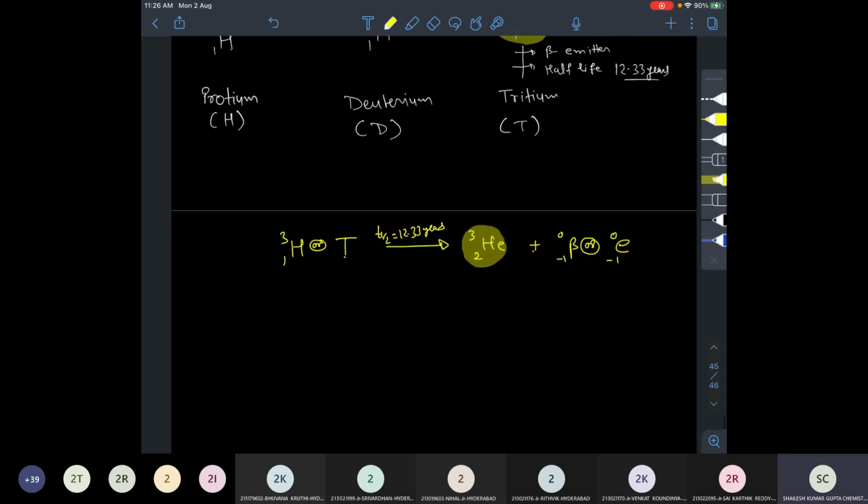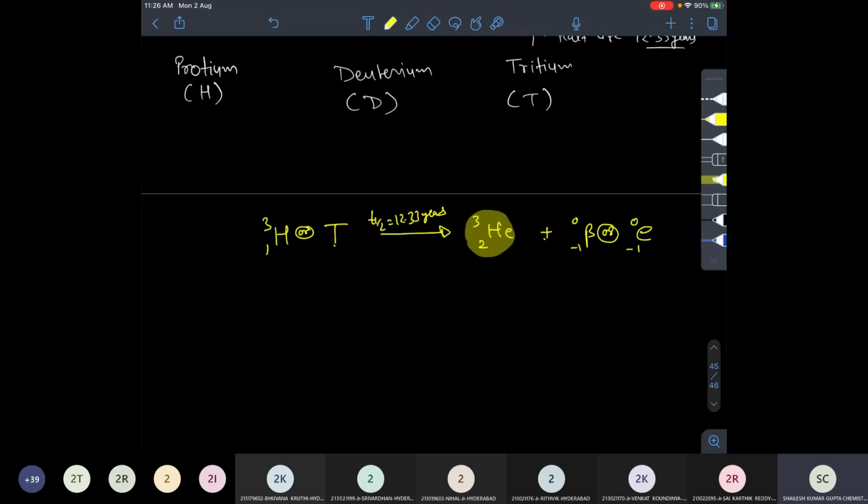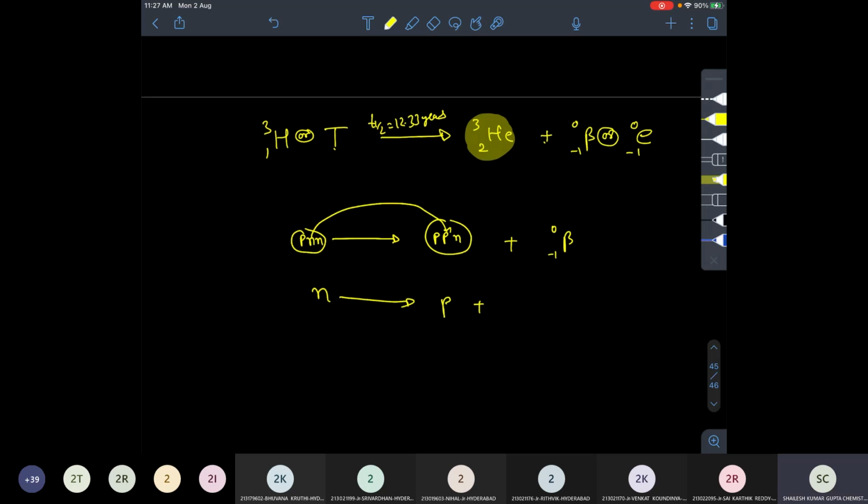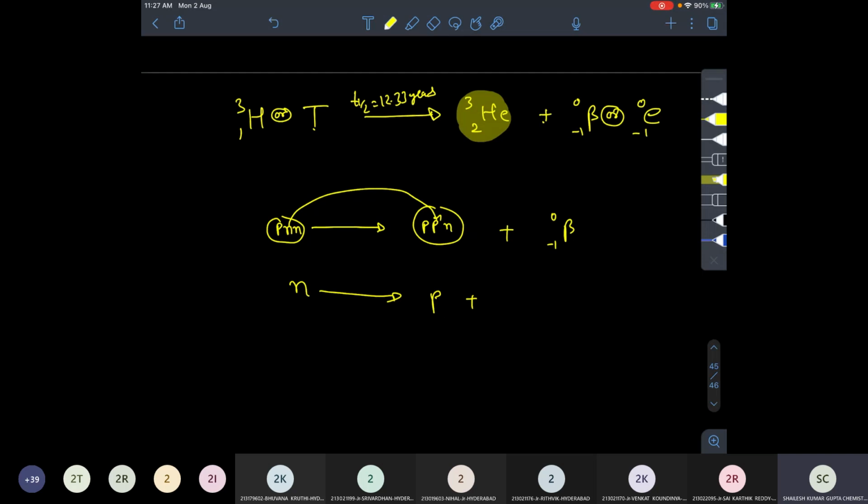So essentially, what is happening here? The nucleus, which comprises one proton and two neutrons, is actually converting into two protons and one neutron, and as a consequence, the neutron converts into a proton, and the beta is emitted to balance the charge. There are many other particles I am expected to write, like neutrino and antineutrino, but I'm not writing them because that is the subject of nuclear physics.